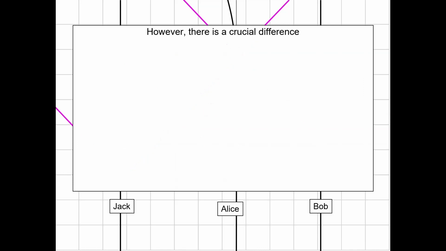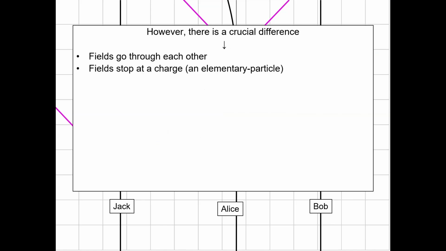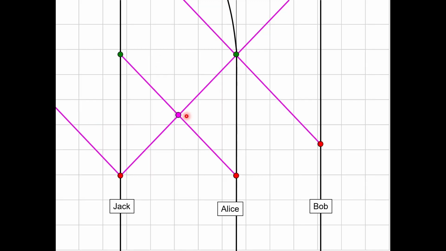However, there is a crucial difference. Fields go through each other, but fields stop at a charge, at an elementary particle. So if we look at this point, it is affected by two fields, but they do not interfere with one another.